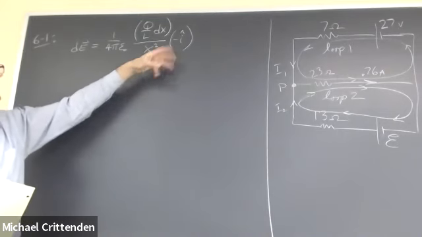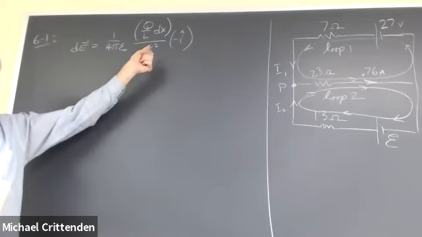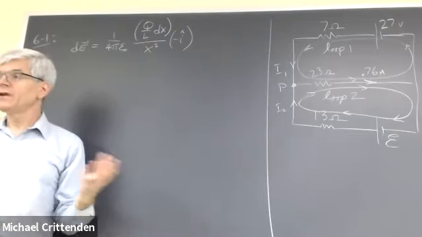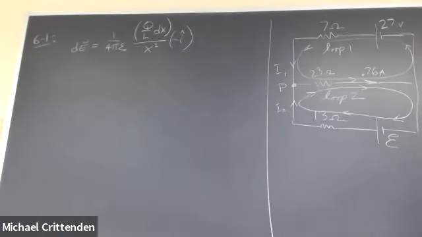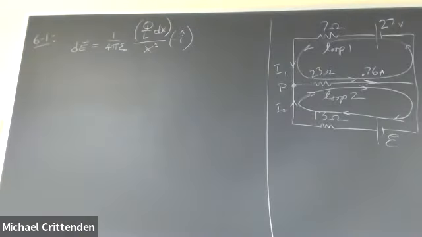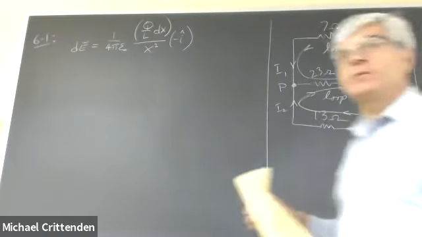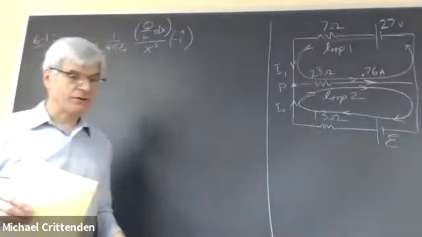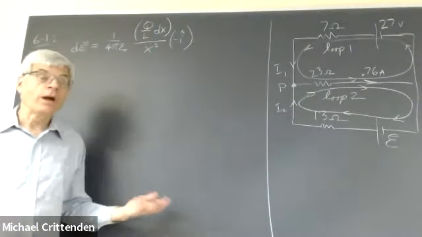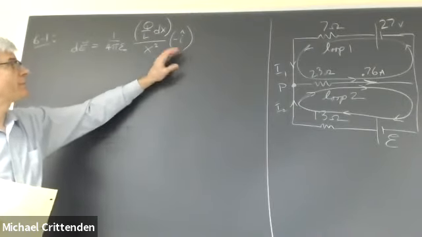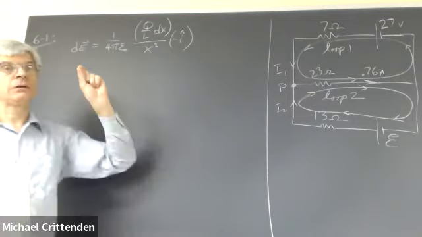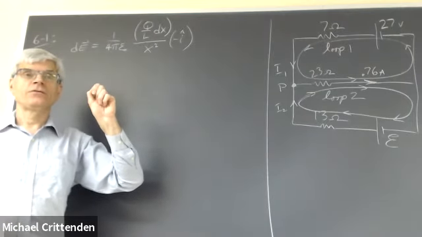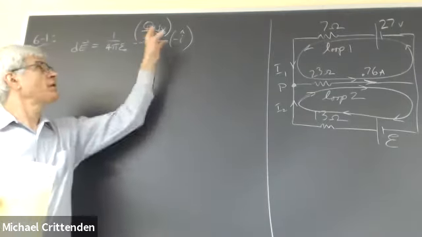In this case, since we're assuming the rod to be positive, that's what you always do in these general problems where you don't have any specific numbers, the field points away from the rod, which would be toward the left.